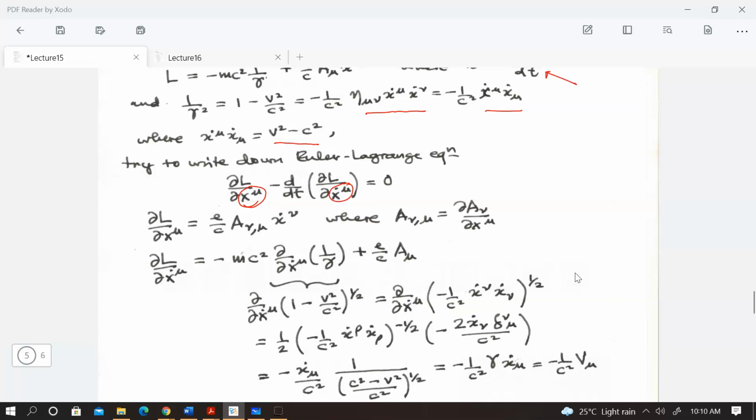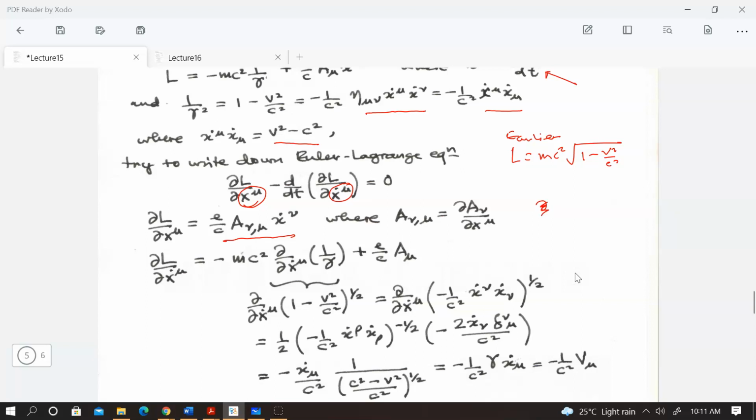So you get for this one, remember previously it was 0 because you just have L equals to mc squared square root 1 minus v squared earlier. Okay, but now, due to the interacting term with the electromagnetic field, you have dL/dx mu given by this term over here, where A nu comma mu is essentially your partial A nu with respect to partial x mu.